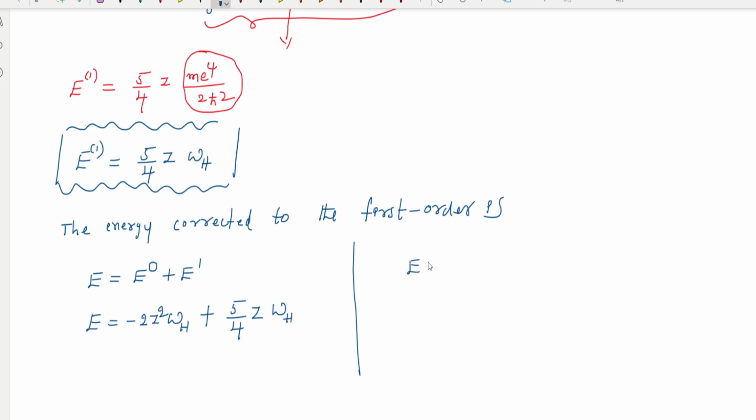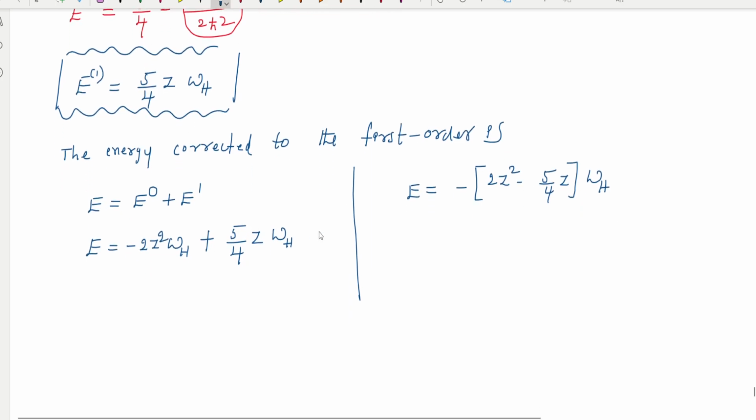So E is equal to minus, you write it like this, 2 Z squared minus 5 divided by 4 Z, W H. So this is the final energy term.